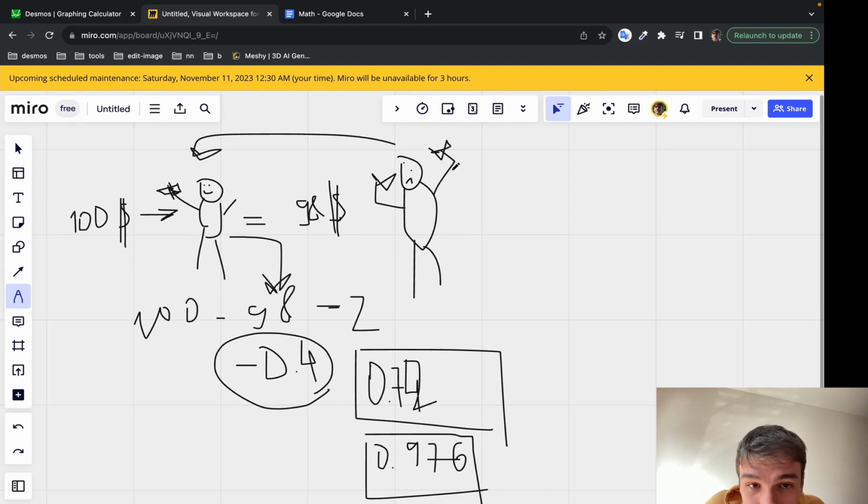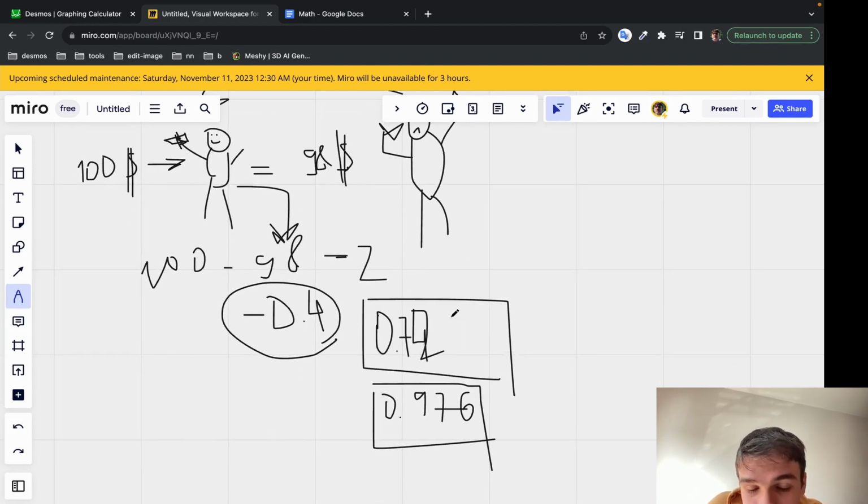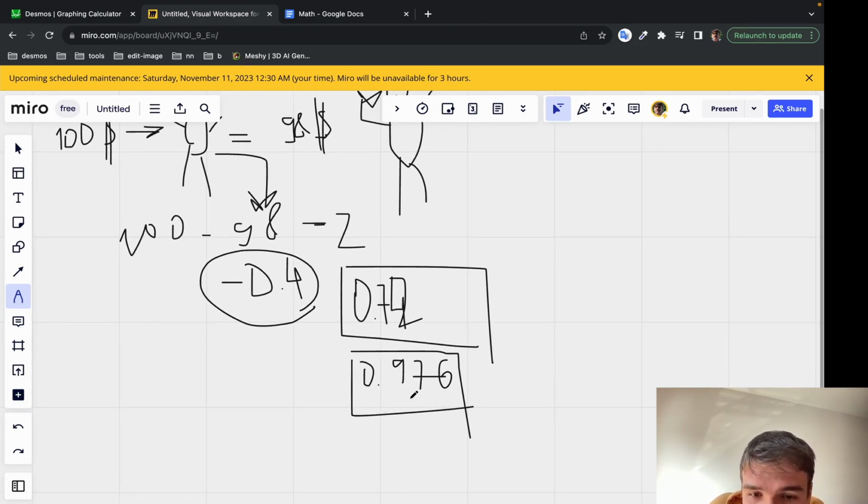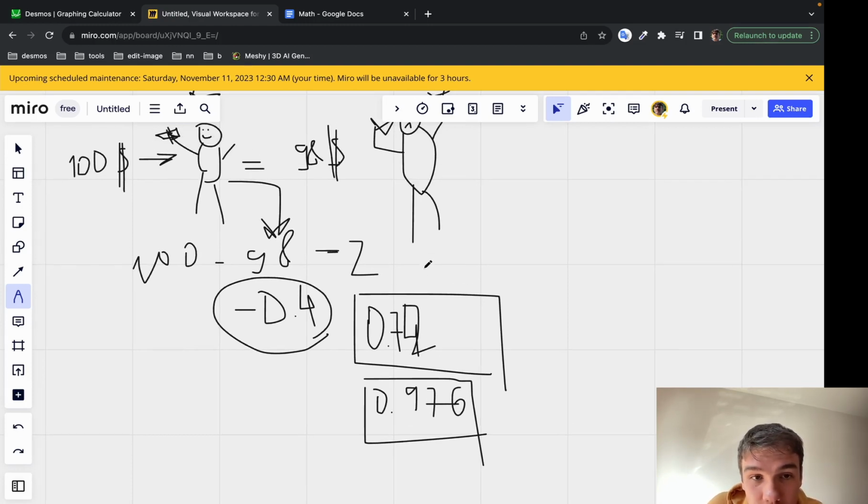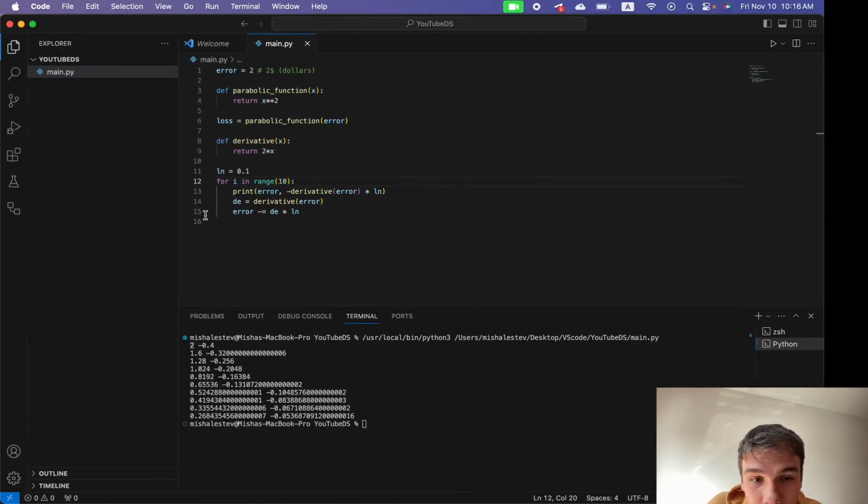So you are kind of relaxed, and then at the end of the day you come to your neural network and ask what did he return and what's the error? Is there an error? And your neural network says, yeah, there is an error. Right now, on this epoch of our gradient descent, he shall return to you $0.976.